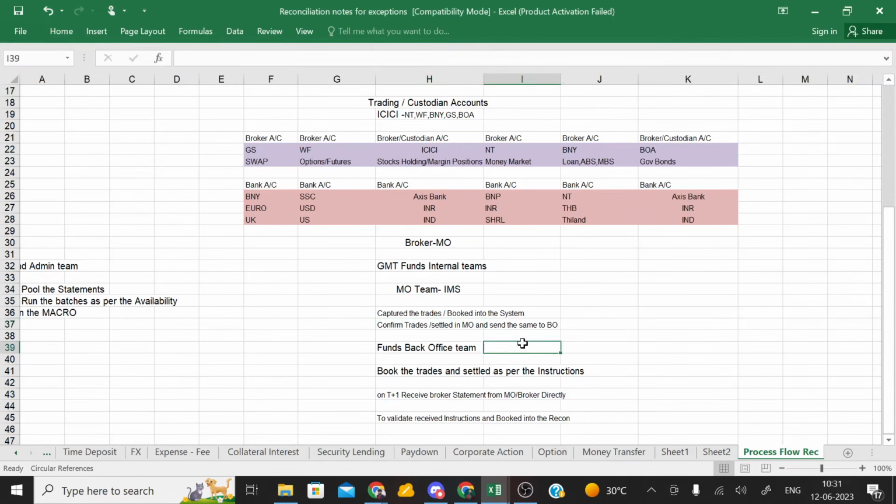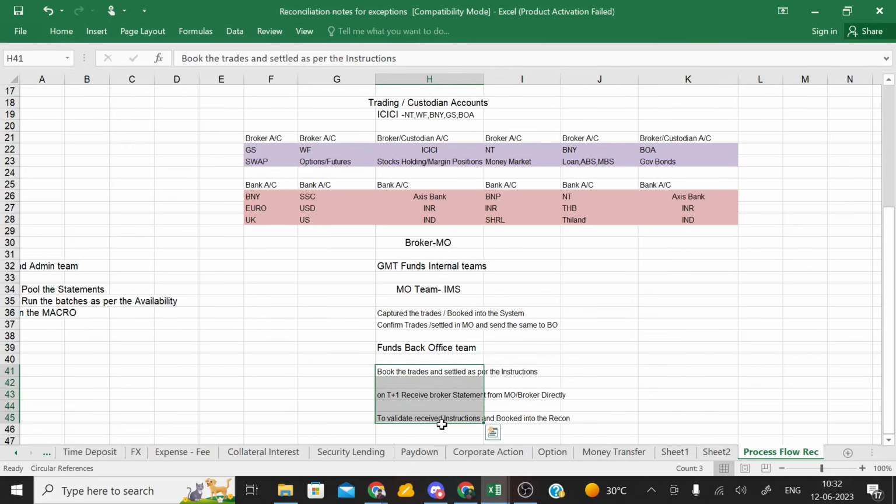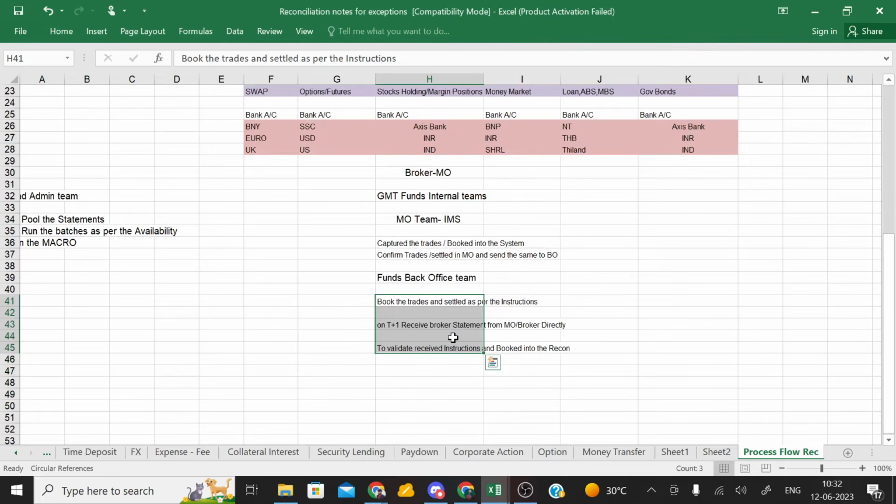So they confirm the trade, settle the trades in MO, and send the same to back office, where back office teams follow the same and book the trades or settle the trades accordingly for accounting purpose, right? And then here you would see multiple teams who take care of multiple different products.